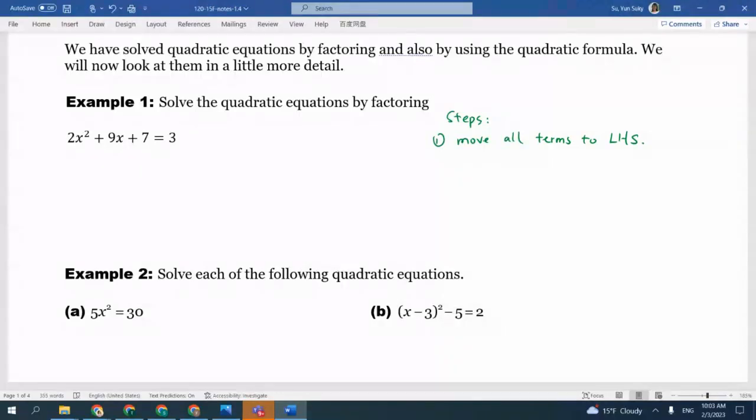LHS stands for left hand side. Then the right hand side is 0.